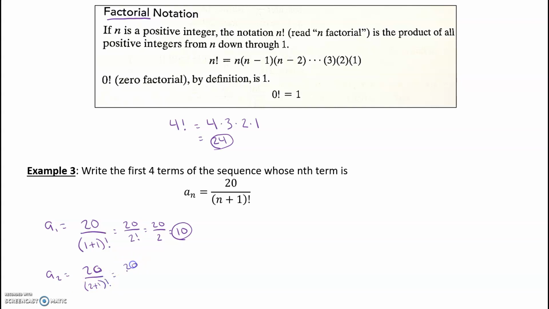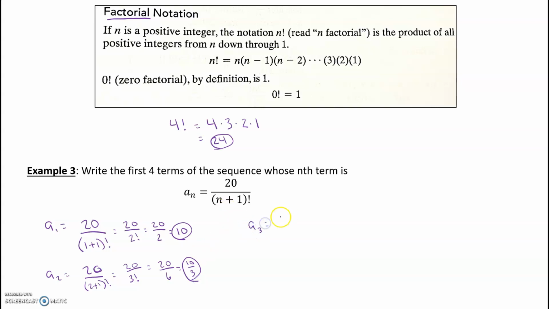So we have 20 over 3 factorial. 3 factorial is 3 times 2 times 1. So 3 times 2 times 1 is 6. And here we're just going to simplify this. These are both divisible by 2. So we're going to get 10 over 3. We're just going to leave it there.